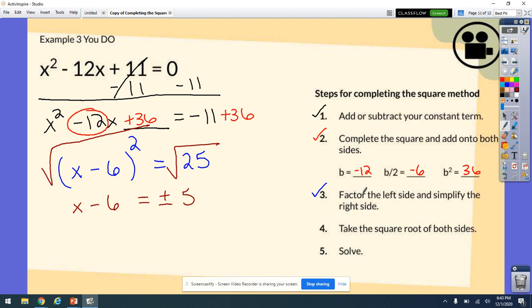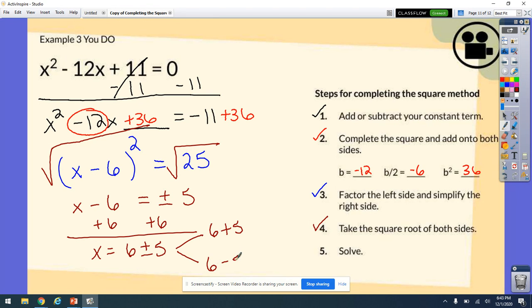So what actually happens is I will actually be able to get an answer for this part, or two whole numbers for this. So let's go ahead and solve this part. So I'm going to do plus 6 here, plus 6 on this side, and now I have x equals 6 plus or minus 5. So we're going to split those off in our two situations where we have 6 plus 5 and 6 minus 5.